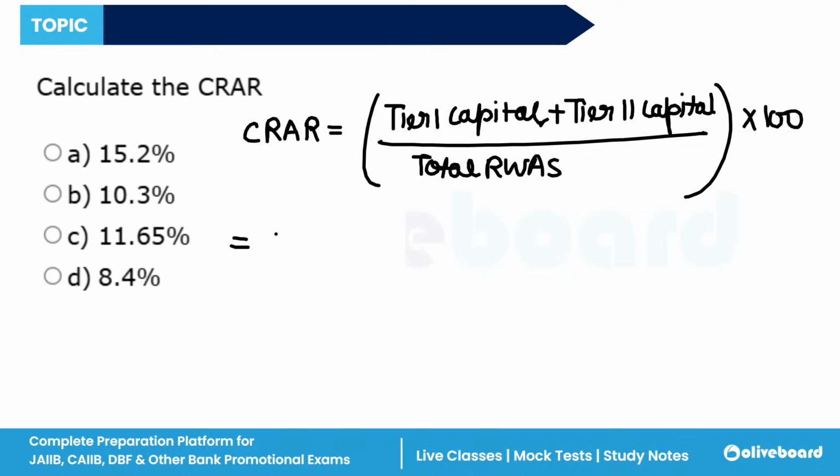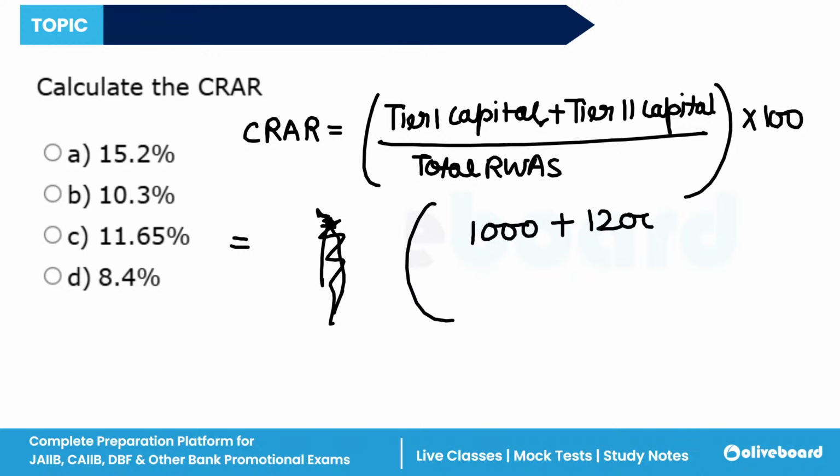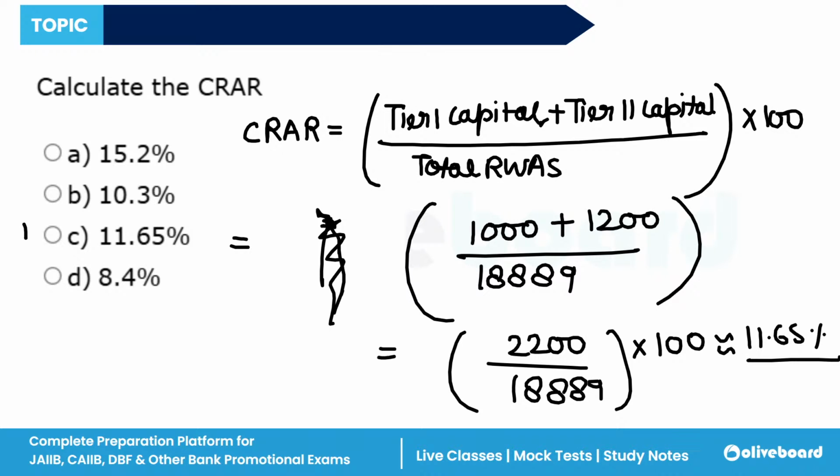So tier 1 capital is 1000 and tier 2 capital is 1200 crore. And total risk weight asset we calculated 18,889, which is equals to 2200 divided by 18,889 multiply by 100, which is approximately equal to 11.65%. So this is the answer here.